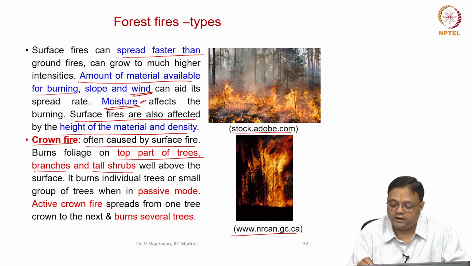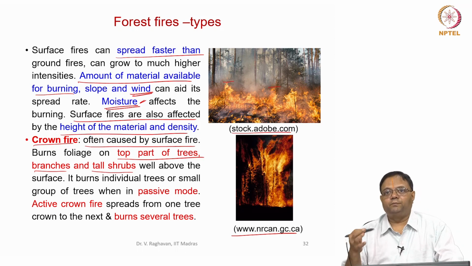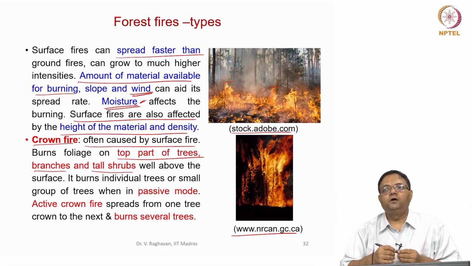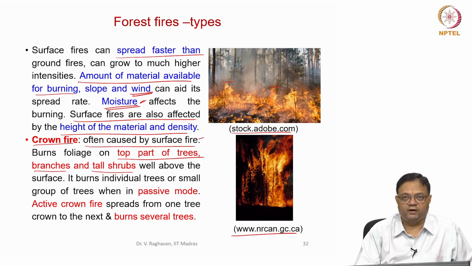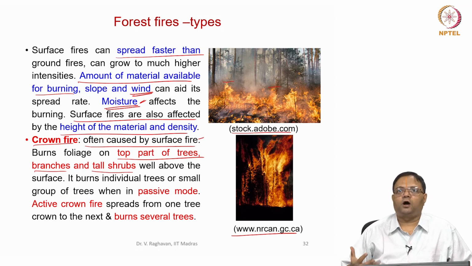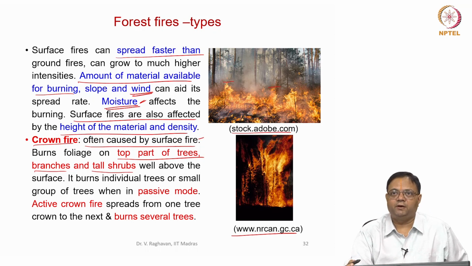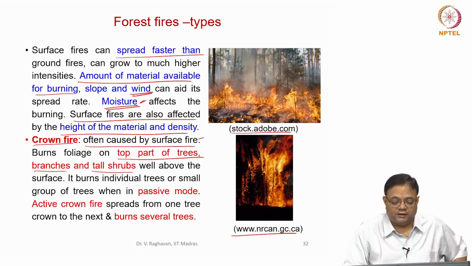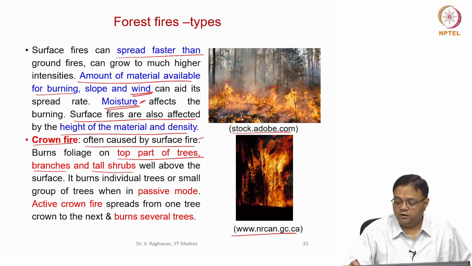See, for example, if this fire height is higher, it may ignite the branches of the trees. Those branches of the trees again will ignite. So the crown, the top portion of the trees, will get ignited due to typically a surface fire. A ground fire will not have so much heat release to cause a crown fire, but a surface fire, which is very flaming in nature, will actually cause ignition of the branches, tall shrubs, etc., and cause a crown fire.